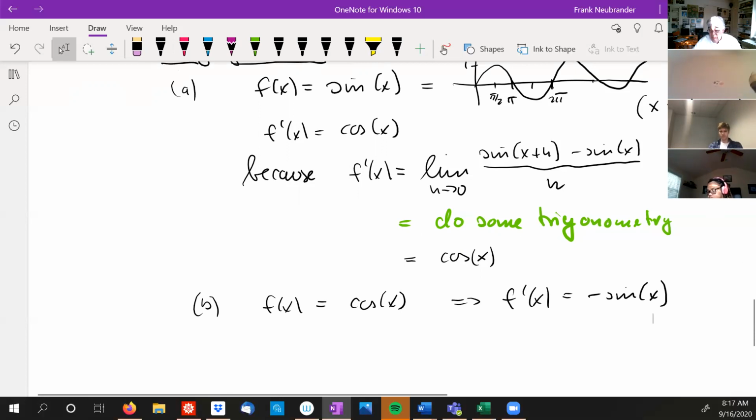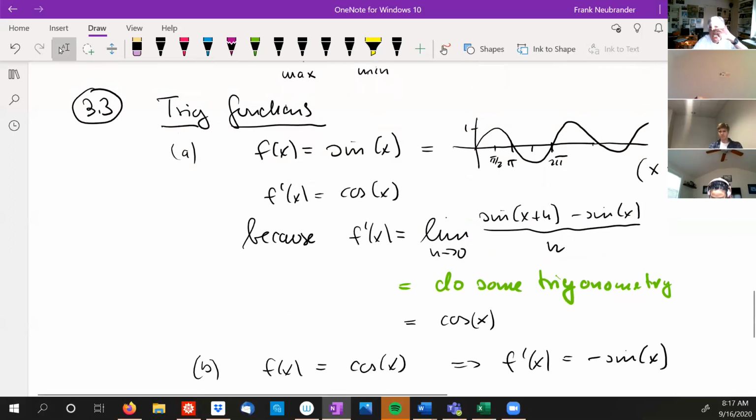And then you are done with chapter 3. So these are the main ingredients of chapter 3. It's the rules of differentiation, plus you have to know the derivative of sine, the cosine. Then the tangent is sine divided by the cosine. So there we can use now the quotient rule, then we get the derivative of the tangent. The cotangent is cosine divided by sine.